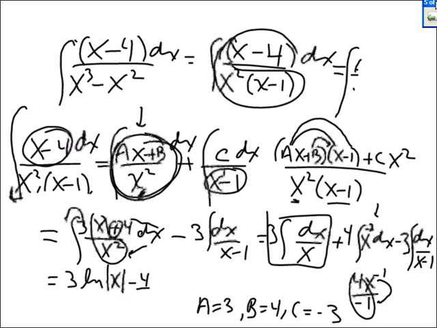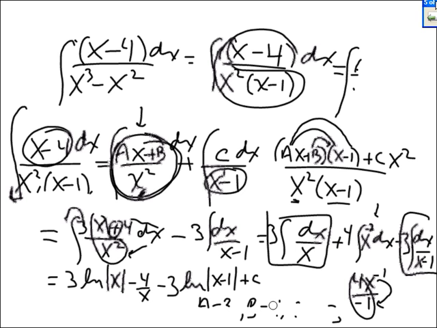And x to the negative 1 goes on the bottom as x. Minus that integral, minus 3. Then integral of dx over x minus 1 is ln of x minus 1 plus c.